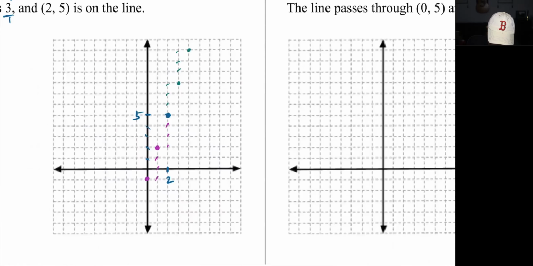And when you draw the line, it looks something like this. Here we draw an arrow to indicate that the line goes on forever, right? And by doing this, we notice that the y-intercept b is negative 3, and the slope was given to us, which is 3.